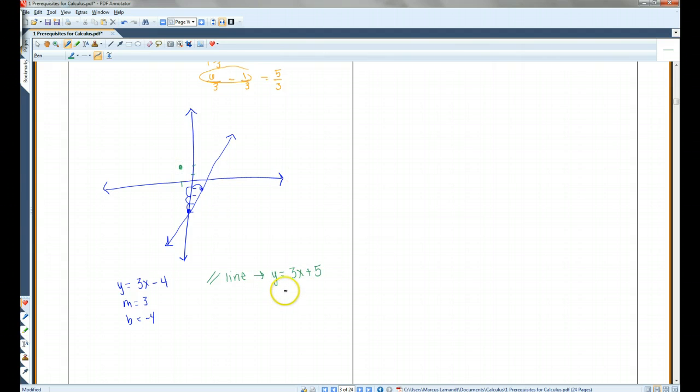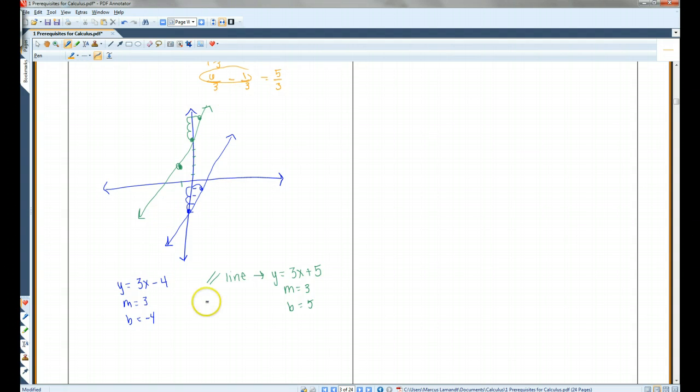So here my m is 3, my b is 5. 1, 2, 3, 4, 5. I'm going to go up 3 over 1. Close enough. It's a little bit sloppy, but you can kind of see that it's parallel and it goes through this point.